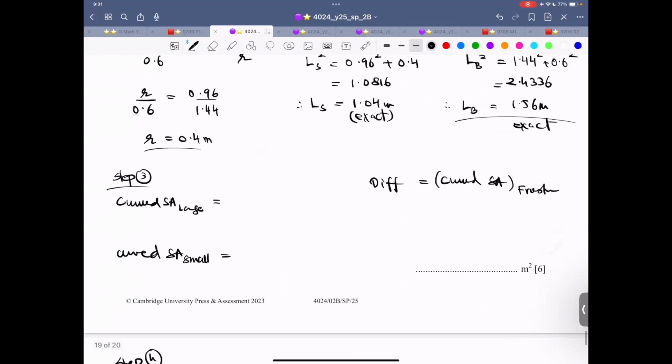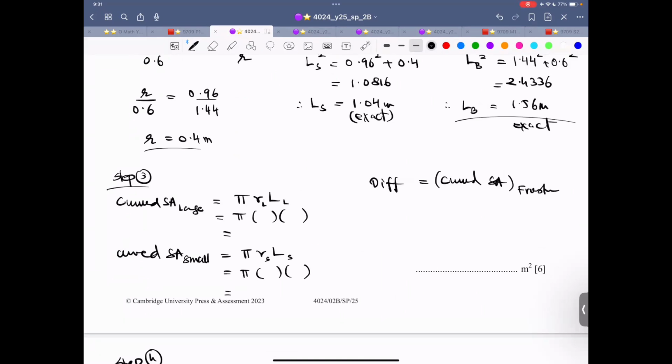Yes, it will take time. So curved surface area of the large cone is pi R L. This is also pi R L, but let it remain in terms of pi. So for the large, this is large, this is small.